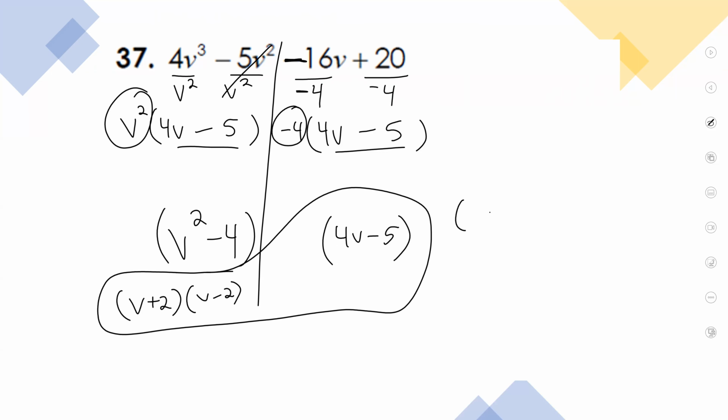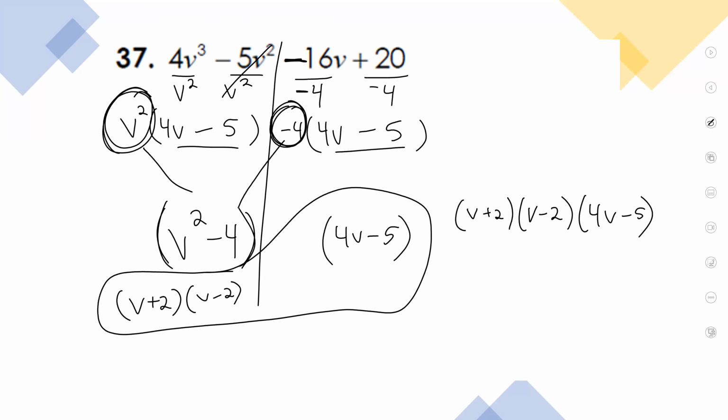So you would write it as V plus 2, V minus 2, 4V minus 5. Those are your factors. So where did this thing come from? It came from right here, V squared minus 4. So the outside one forms a factor, and what's repeated forms another factor, okay?